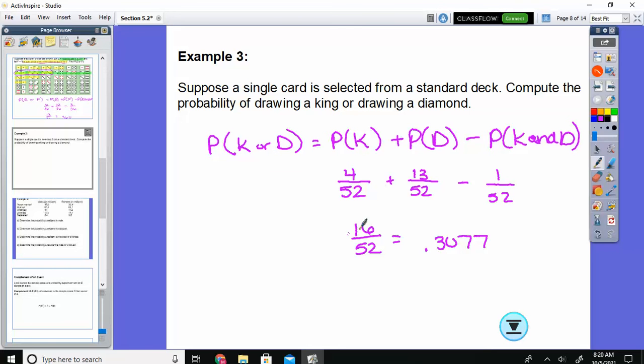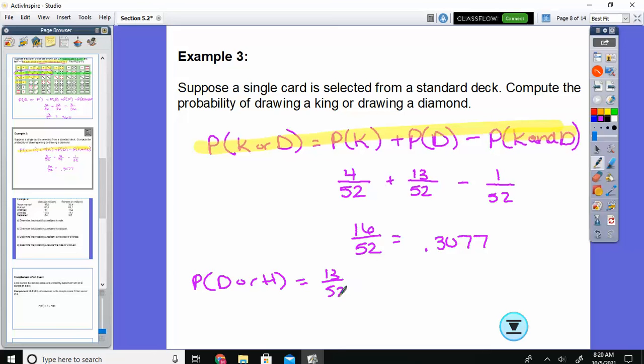The nice thing is, when you're using your OR, we have those 2 different OR formulas. If you always use this one, if your events are mutually exclusive, what would be the probability of both happening? 0. If I had said I wanted the probability of a diamond or a heart.